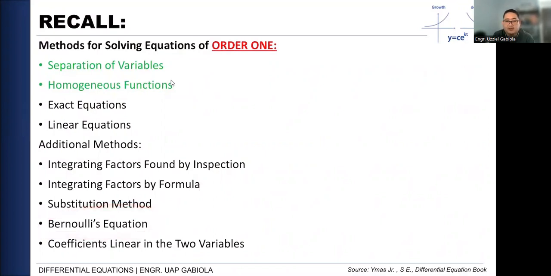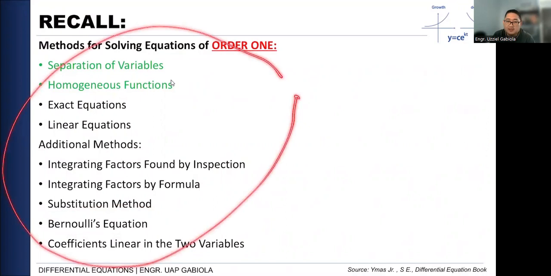As I said previously, when I handled differential equations before, I discussed all of these methods.